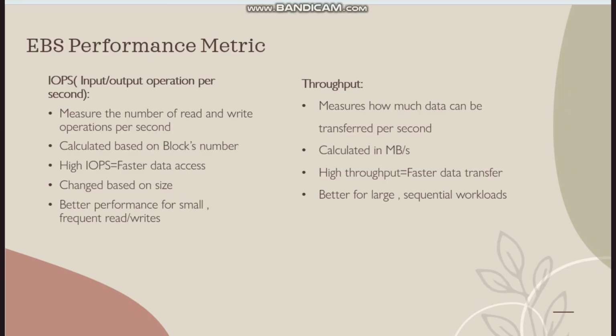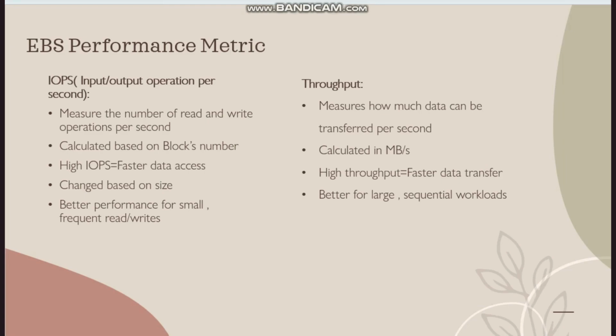If the IOPS is high, the data access is very fast, and the IOPS is changed based on the size. If I want to perform frequent read and write operations, then IOPS is a better option to choose because it provides better performance.